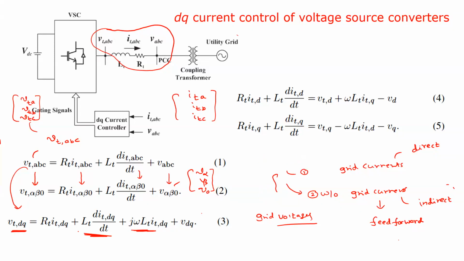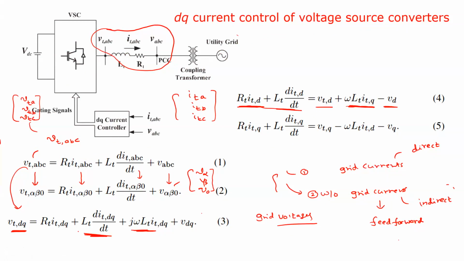So it is RT into ITD, the first term, plus LT into ITD equal to VTD, plus omega LT into ITQ, right? So this is omega into LT ITQ minus VD. I think you are aware of this, right?